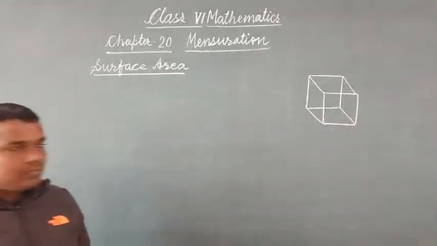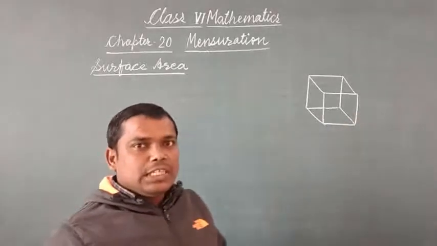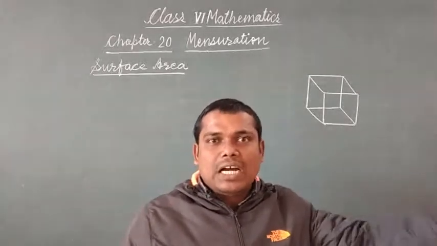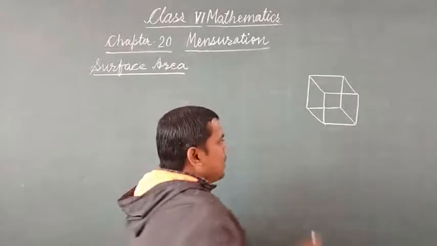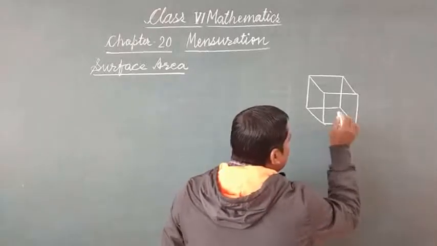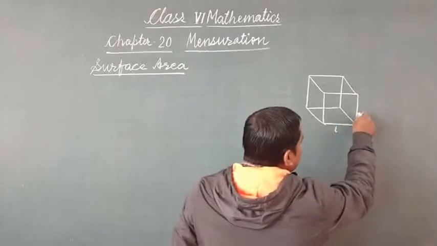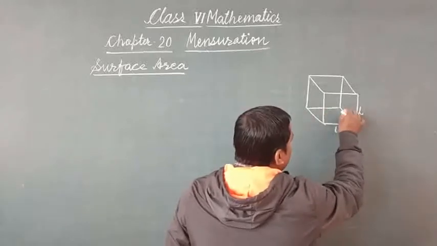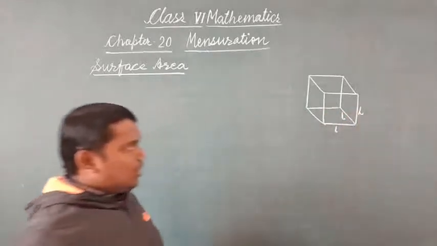As you know, in case of a cube, length, breadth and height are all the same. Means if this is the length, this will also be length and this will also be length.